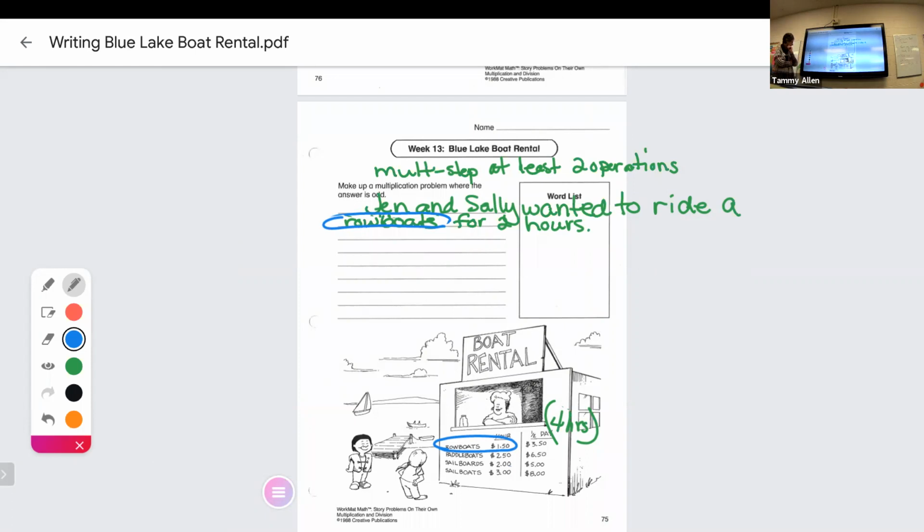What do you want to use? A half a day on a rowboat. Half a day on a rowboat is $3.50. Times 2. Okay. There's one operation.